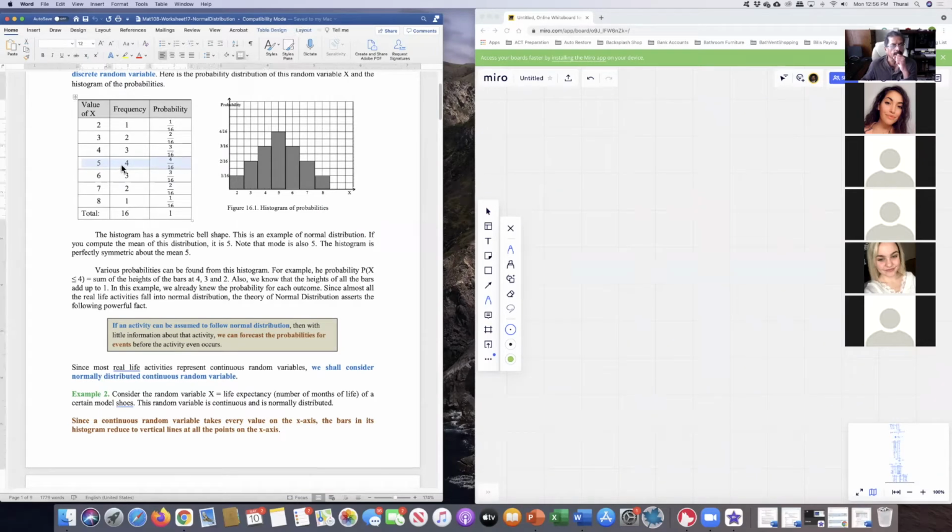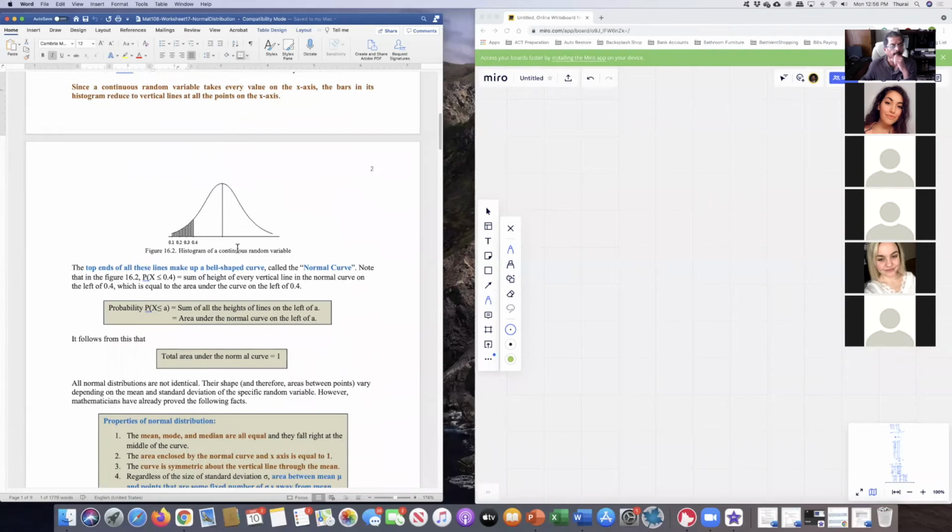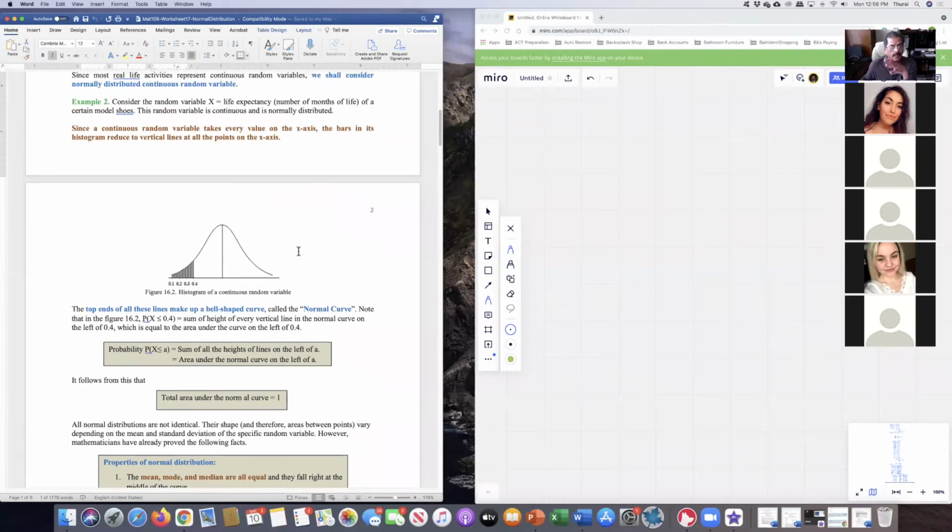Because the frequency is 4, and frequency divided by total frequency is the probability. So probability is highest when the frequency is highest. So going back to here, which data has the highest frequency? Can you see that? That's the middle one. The middle one has the tallest bar.